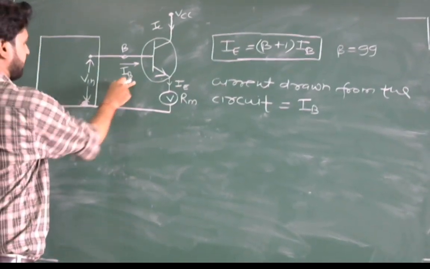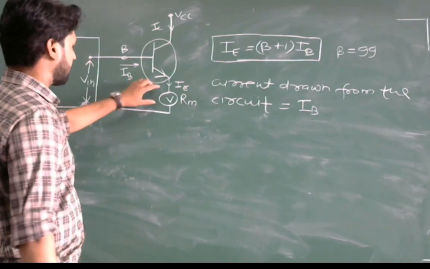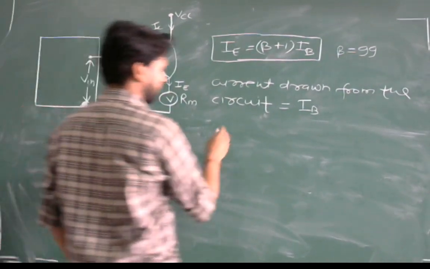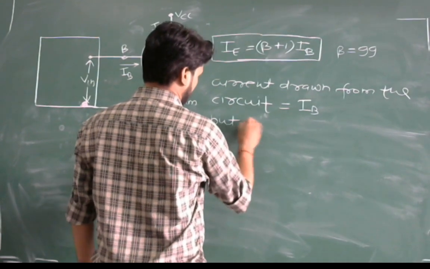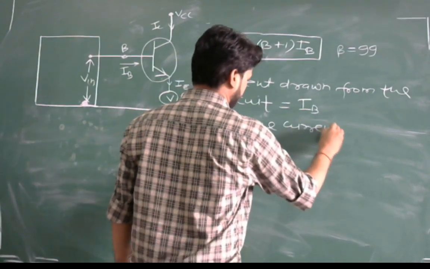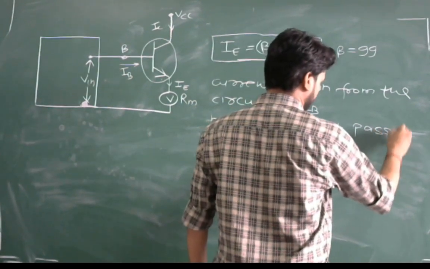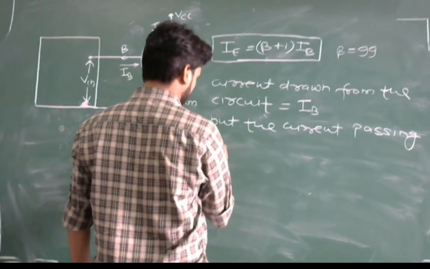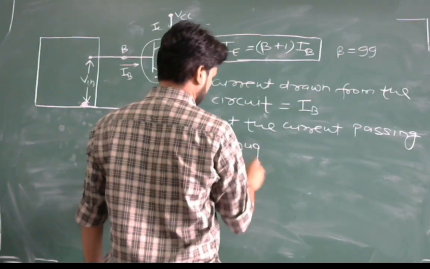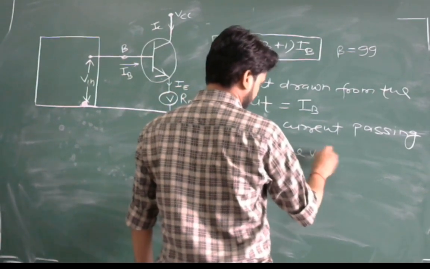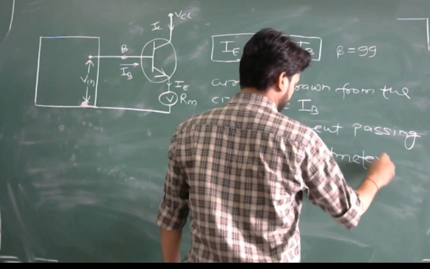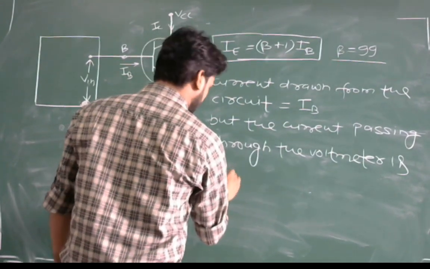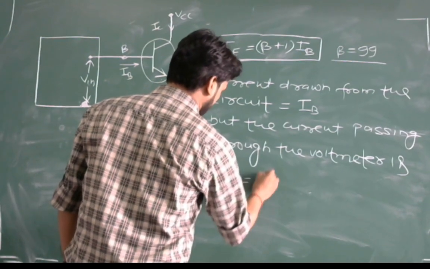We can see here it is the base current of the transistor, but the current passing through the voltmeter is IE.